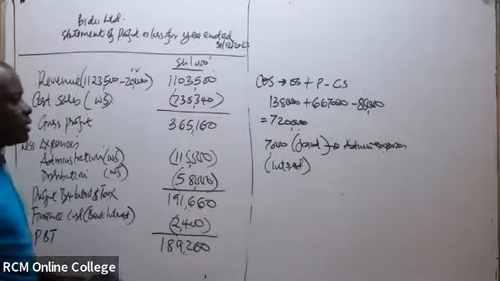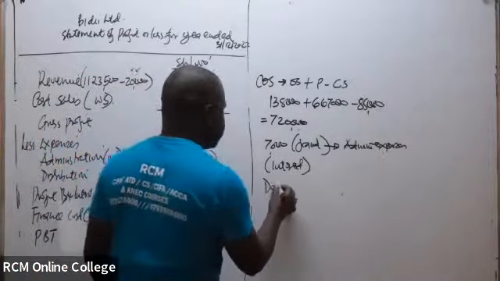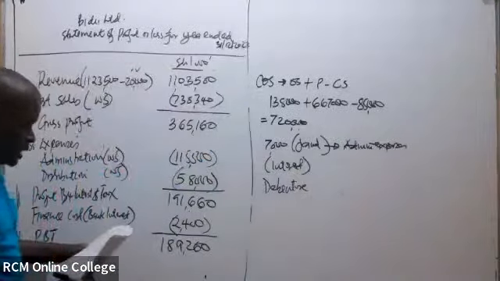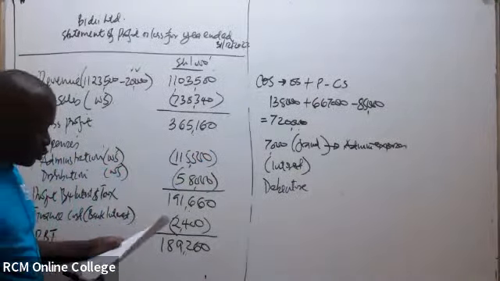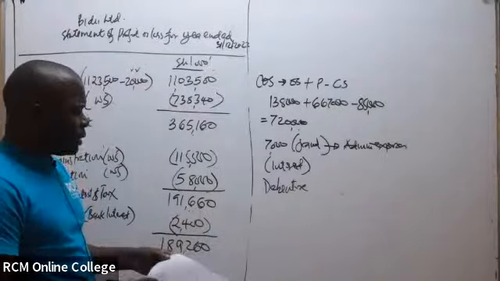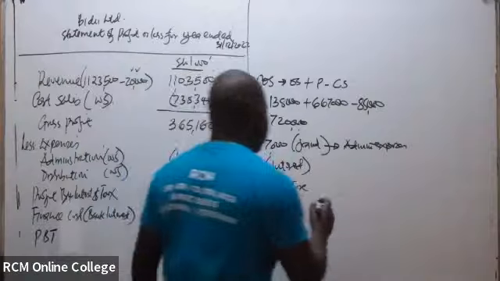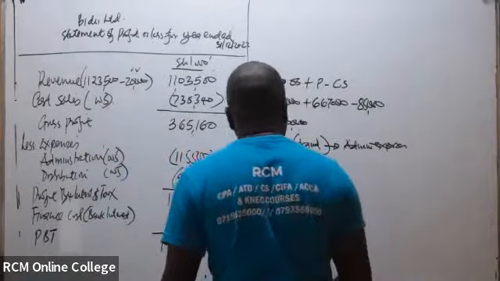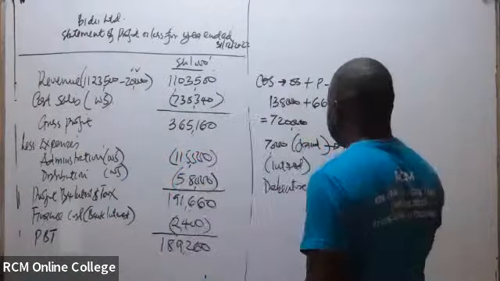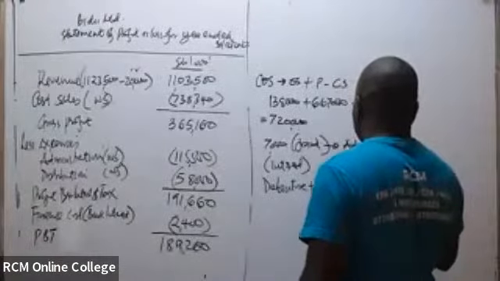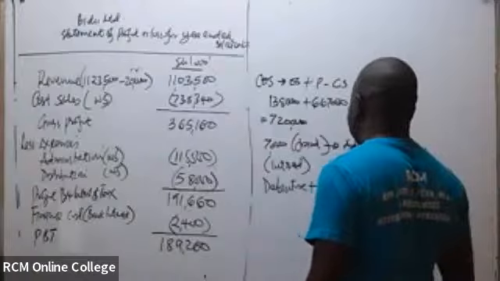Remember, if we had, for example, debentures, we would have still added the debenture interest as part of the finance cost. If in the trial balance we had preference, like in our previous question, it was comprising of debenture interest and preference dividends that was actually paid.